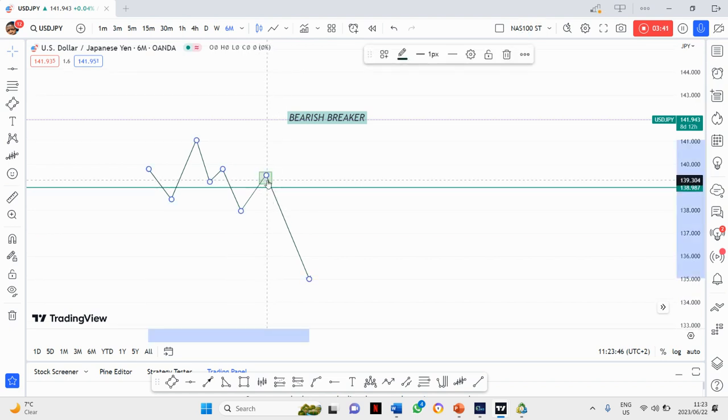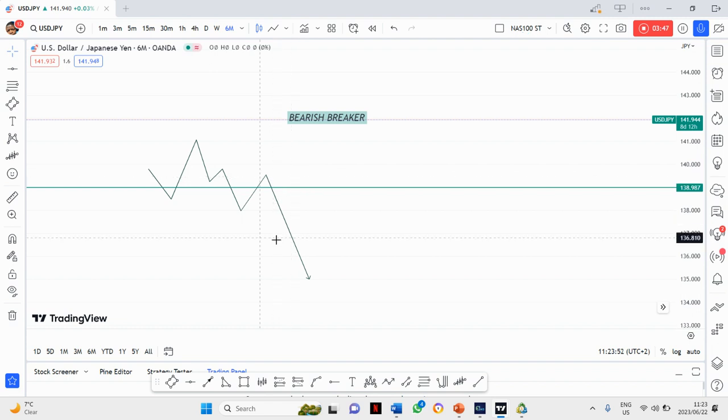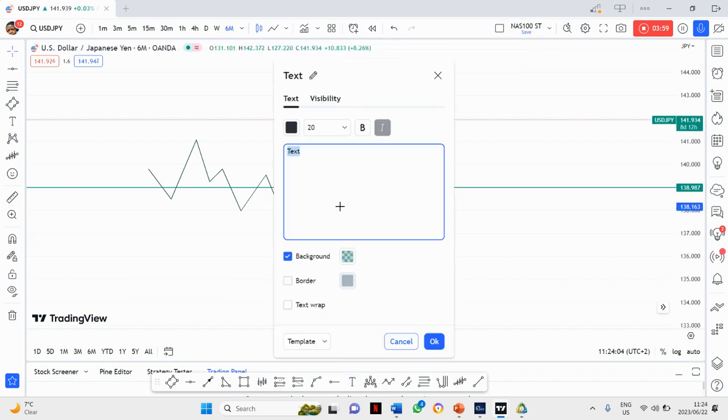Sorry guys, I cannot draw candlesticks. I wish I could draw them, but it seems very difficult. So in the bearish breaker, you just have to understand the key elements of the bearish breaker, which are as follows.